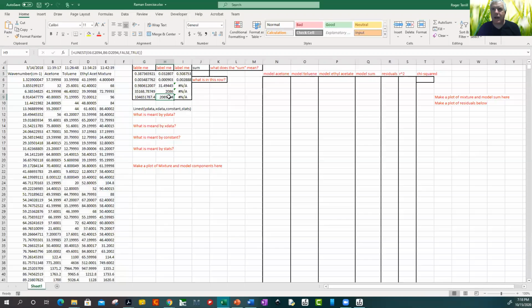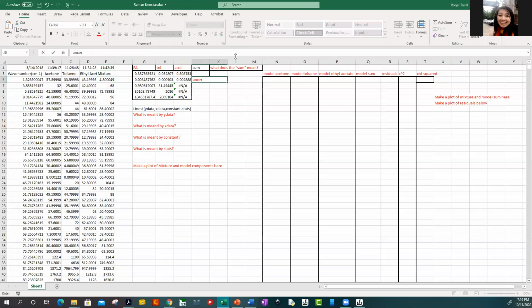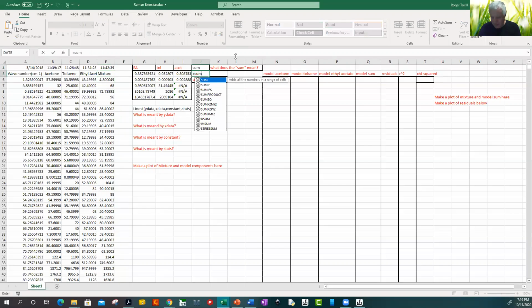Then I think this is chi-squared here. But this is acetone, toluene, EA, right? Uncertainties, yes. And then sum is the sum of these right here.